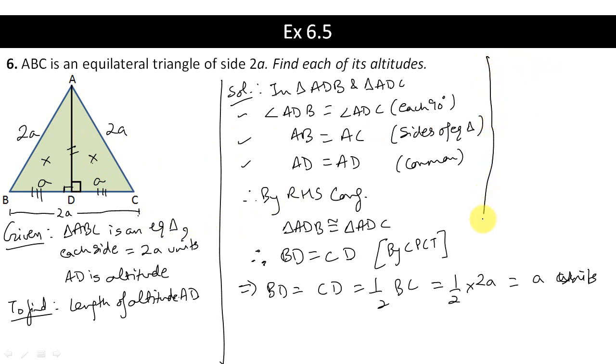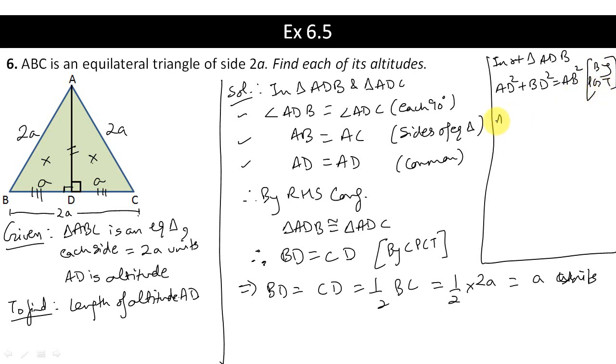So in right triangle ADC or ADB, whichever triangle I can use. In right triangle ADB, AD square plus BD square is equal to AB square by Pythagoras theorem.